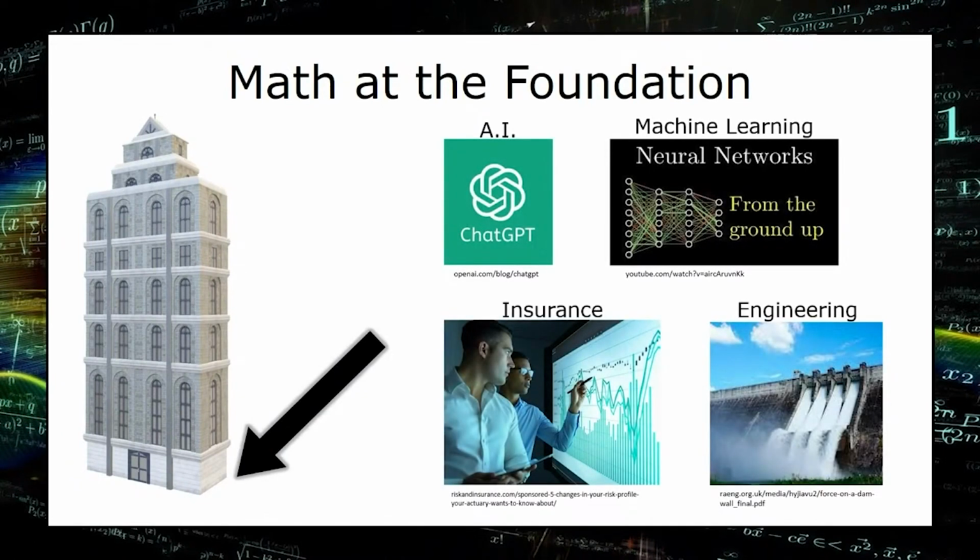Like ChatGPT, AI, machine learning, all right? However, actuaries have been using math for years to calculate how much you pay for health insurance, how much you pay for car insurance. And engineers and mathematics go hand in hand, right? You can't really engineer without mathematics as your tool. And so to diversify math is to diversify the foundation of our society and not just science. All right. Thank you.